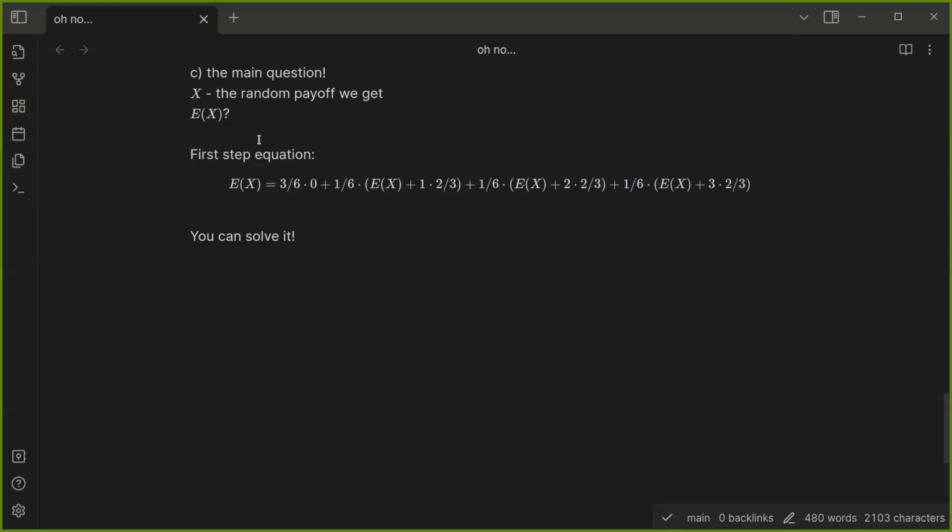But there are 3 complex cases. And in these 3 complex cases, when the dice shows 1, when the dice shows 2, when the dice shows 3, I compare the situation after the first move with the initial situation, and I calculate the difference in my payoff.